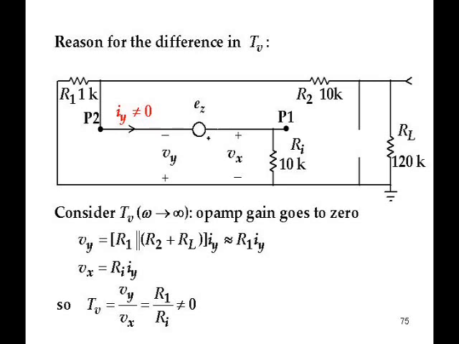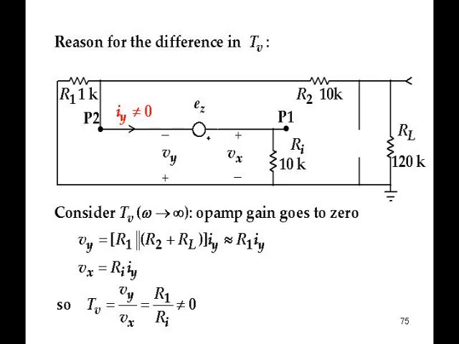The op-amp gain has gone to 0 because of the two poles, so I just took it out of the picture. Now we're going to calculate Vy over Vx at infinite frequency for this particular condition. And you see Vy over Vx, the loop gain, is not 0, as it should be at infinite frequency when the op-amp gain goes to 0.